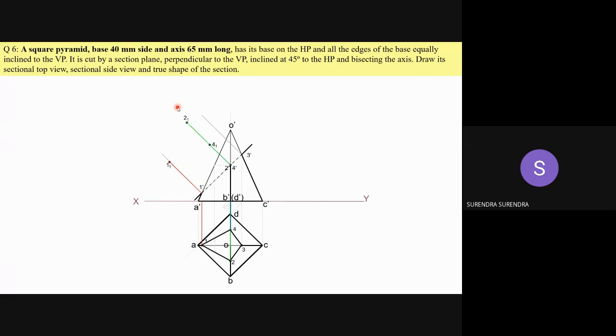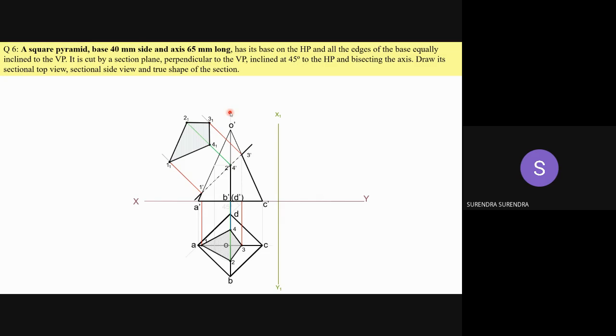Measure the distance from XY line to 3 in top view, and with 3 as center, draw an arc. Mark this point as 3, 1. Join all these with a straight line, so a continuous line, and fill it with the hatching. So this is the sectional top view and true shape of the section.